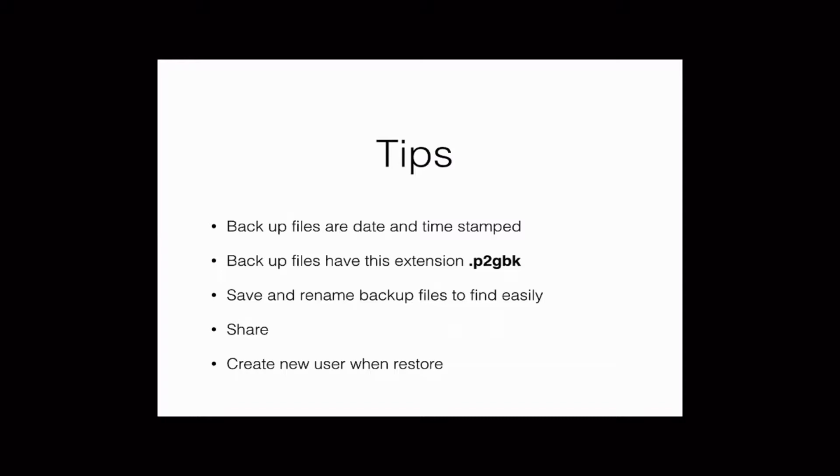That backup file holds all that information, and because of that it can sometimes be quite a big file size. When everything is encapsulated together, it has the file extension .p2gbk, P2Go backup. It's the backup file.